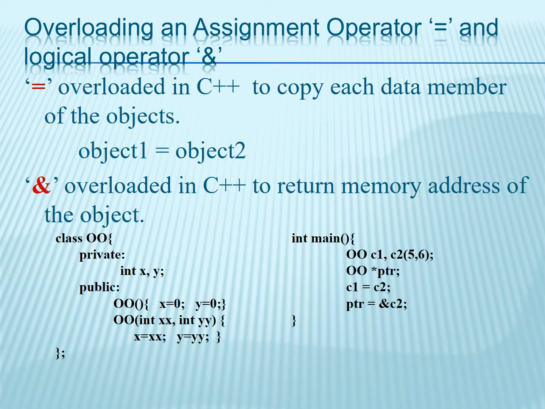When the object is a pointer, we use the assignment statement ptr equals ampersand C2, where the memory address is assigned to the object.